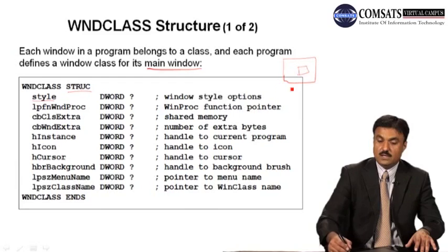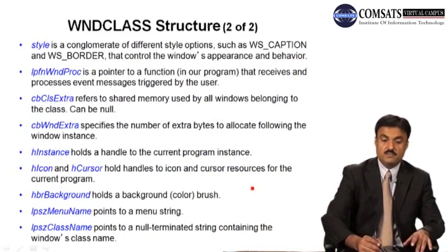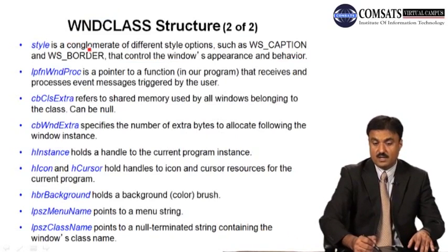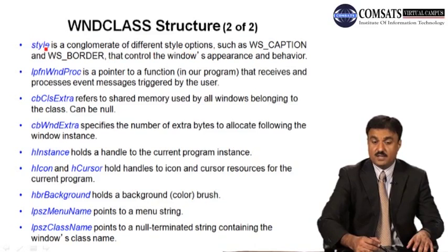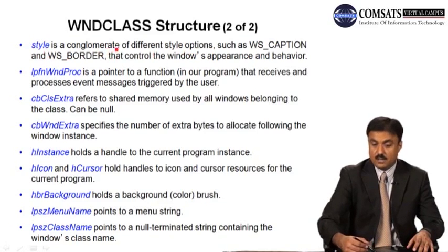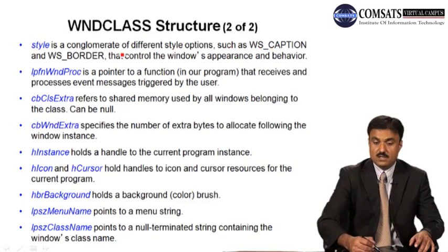So here all the information is inside the Windows class. You can see the style is a conglomerate of different style options, such as WS caption, WS border, that control the Windows appearance and the behavior and so on.